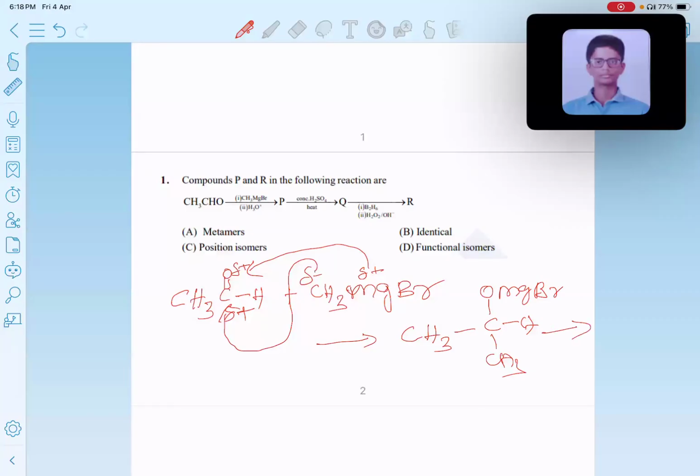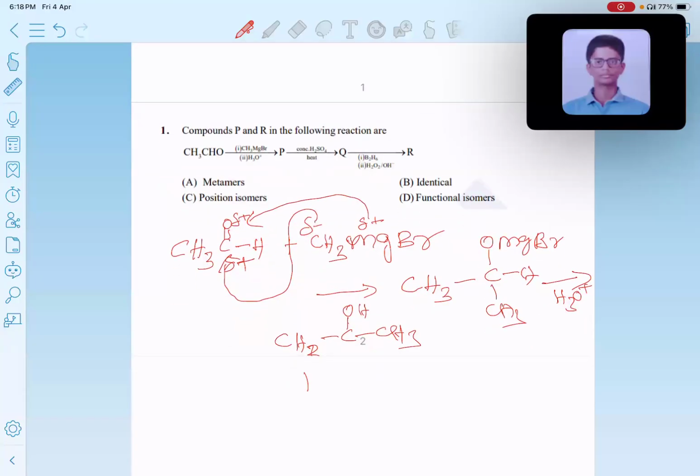Then, followed by hydrolysis with H3O plus, it gives the compound CH3 CHOH CH3. So the compound P is propan-2-ol. Then propan-2-ol is treated with concentrated sulfuric acid.